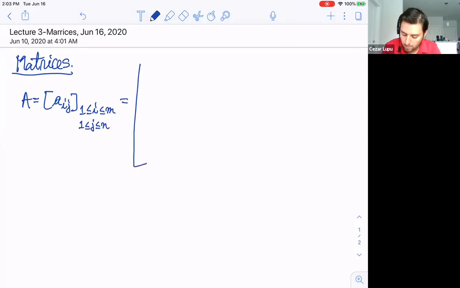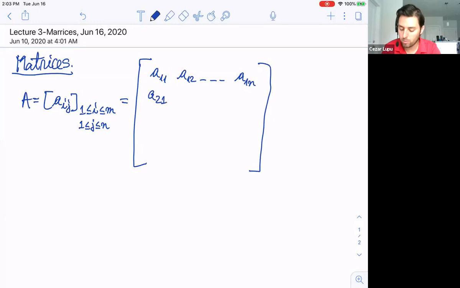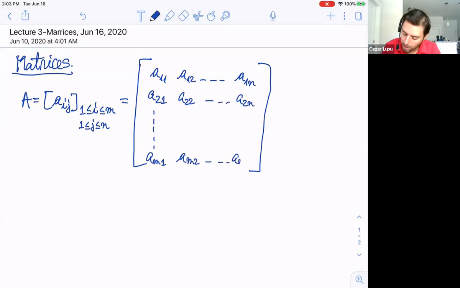We'll have the entries A11, A12, up to A1n. Then the second row will be A21, A22, up to A2n, and we go all the way to Am1, Am2, up to Amn. This is how a matrix would look.